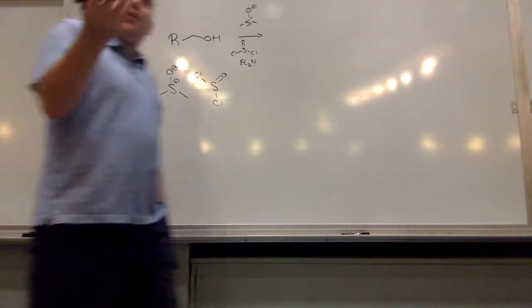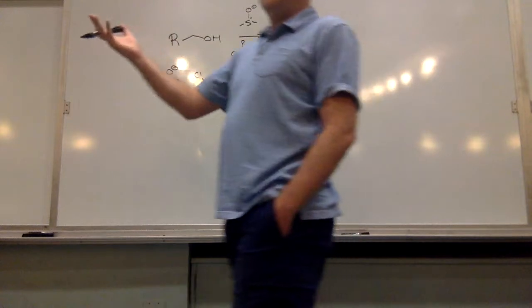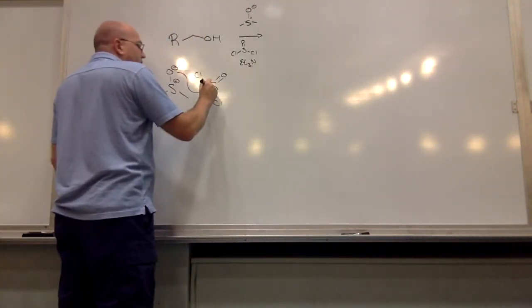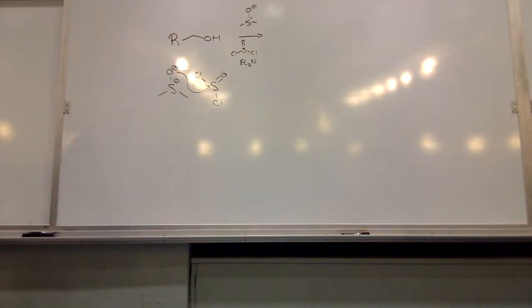This is a chlorination reaction, analogous to what we saw with alcohol chlorination. In carbonyl chemistry we push electrons up onto the carbonyl, so sometimes you'll see people do that here. But this is actually a tetrahedral sulfur, not an sp2 sulfur, which is kind of weird to think about.